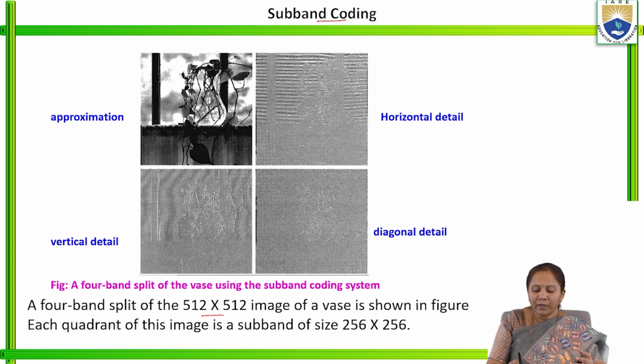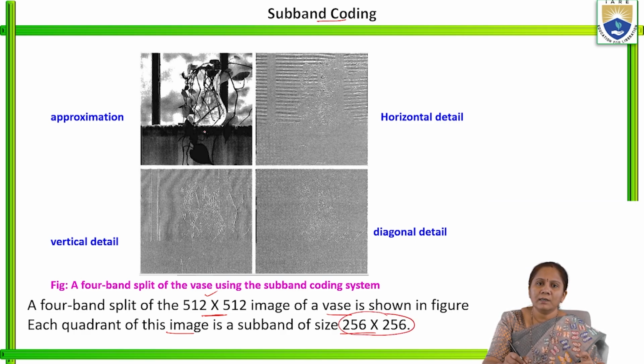We have considered an image of size 512 by 512, an image of a vase as shown in the figure, and each quadrant of this image is a subband of size 256 by 256. As we have learned, the original image size is 512 by 512, and this image is divided into different subbands. Each subband size will be limited; in this example, the subband size is 256 by 256.